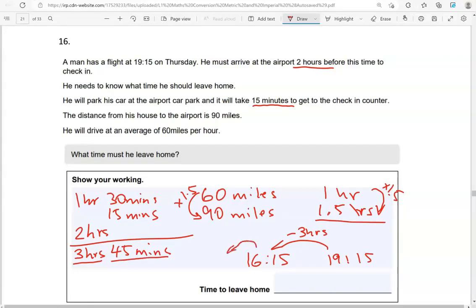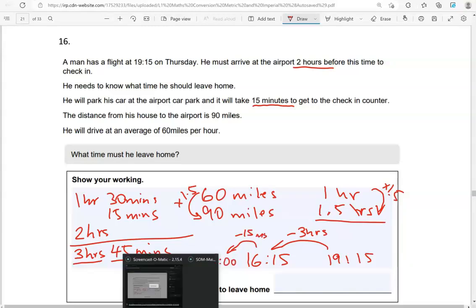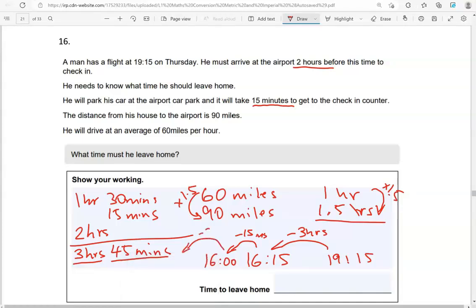If we first go back by 15 minutes, it takes us to 16:00. Now we can go back by another 30 minutes, and it will go to 15:30. So he must leave home at 15:30.